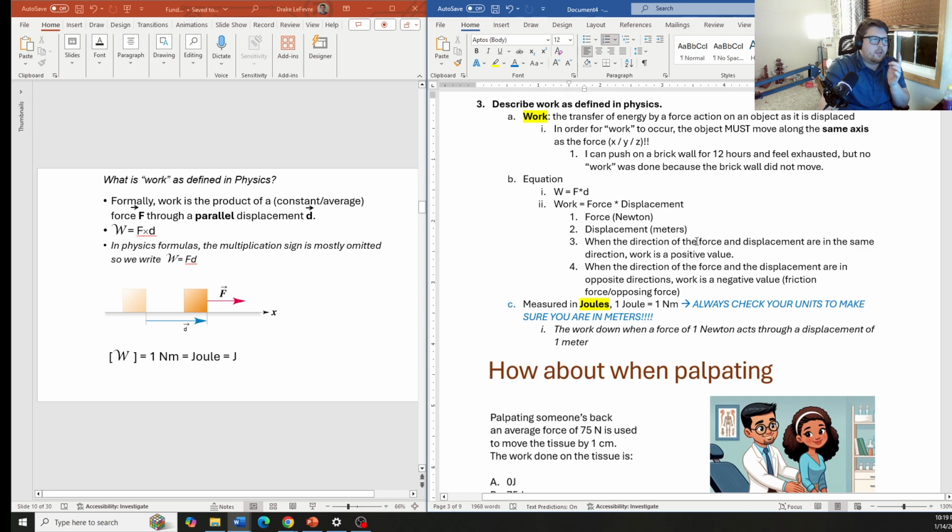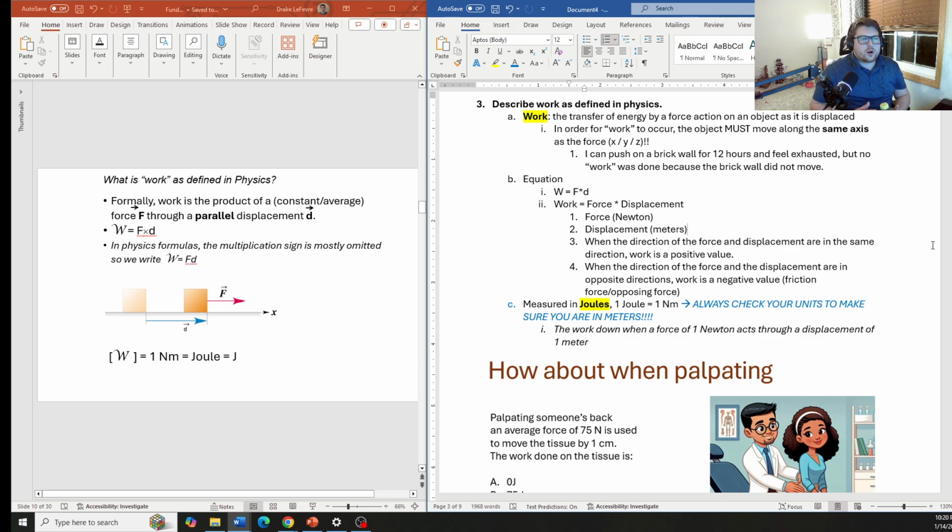When we have a force, when the direction of the force and the displacement are in the same direction, we call that work a positive value. When the direction of the force and the displacement are in opposite directions, we say that work is a negative value.